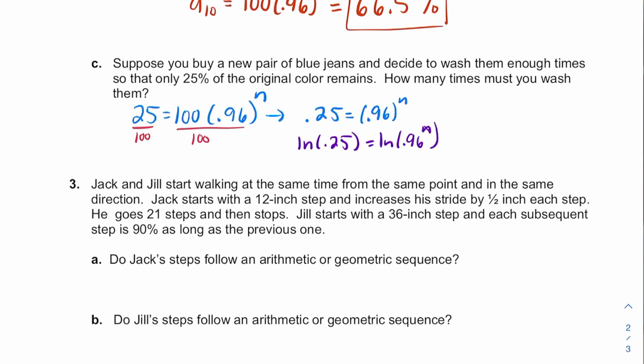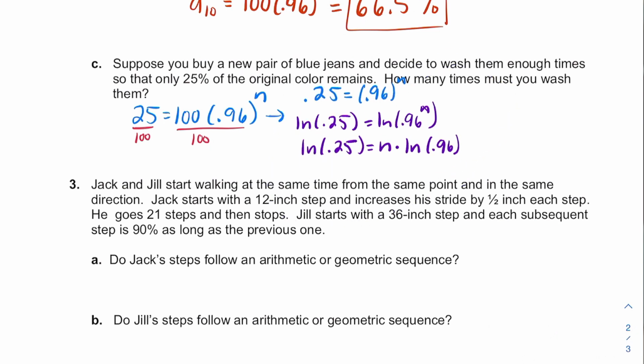Next up, we popcorn that n out front, so that means the ln of 0.25 is equal to n times the ln of 0.96. Remember that that's just a number, and so now I'm going to divide by the ln of 0.96. And so that means here that my number of washings is equal to the ln of 0.25 divided by the ln of 0.96.